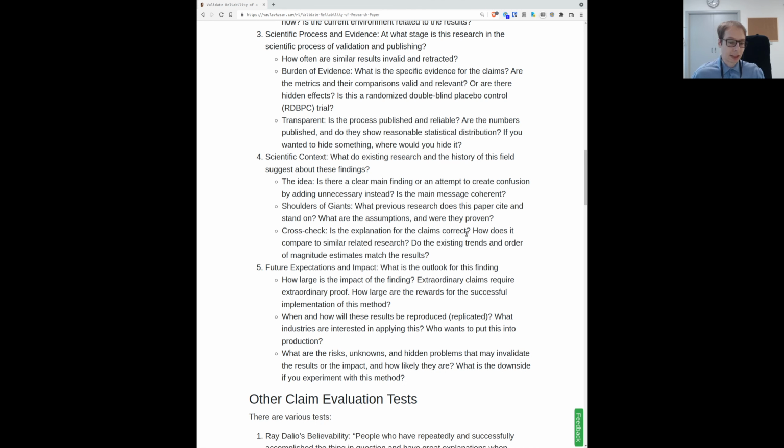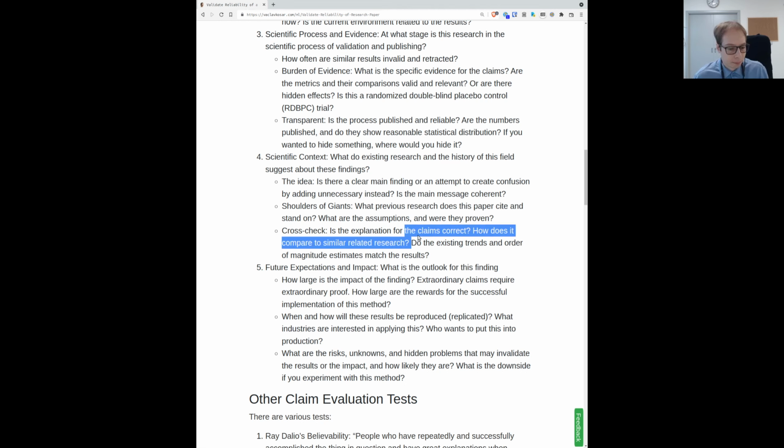How does current research compare to similar research that is related? Oftentimes it's not the first paper. People want to write about things that are interesting. So how does this paper compare to this other paper? What are the trends in this area of research?